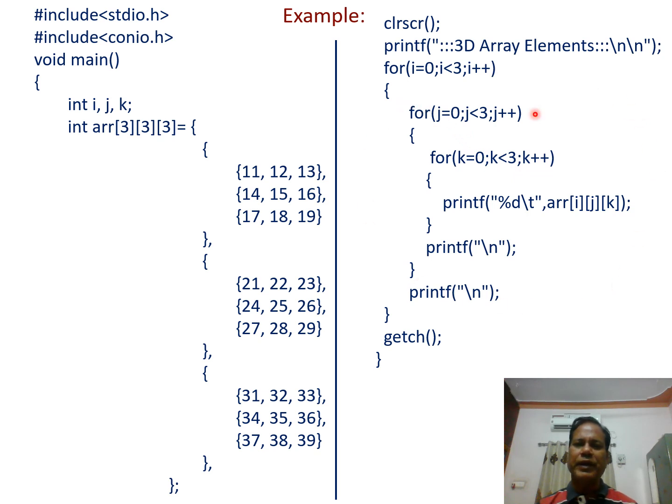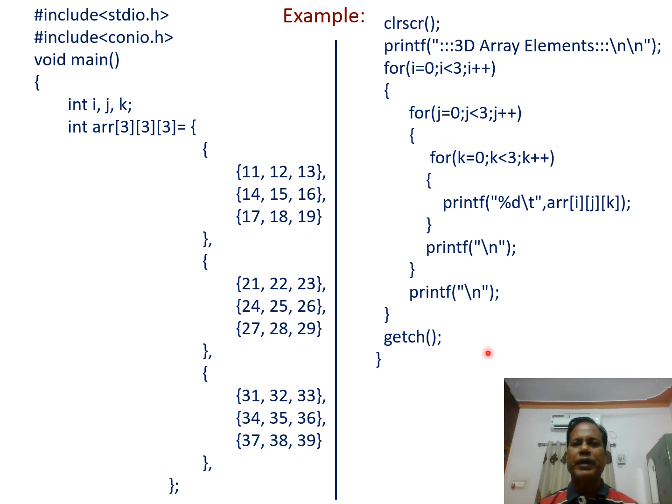After printing all the elements of the 2D array, the value of i is incremented, that is, it moves to the second 2D array, and again all the elements of the second 2D array get printed, and in a similar way all the elements of the third 2D array are printed.